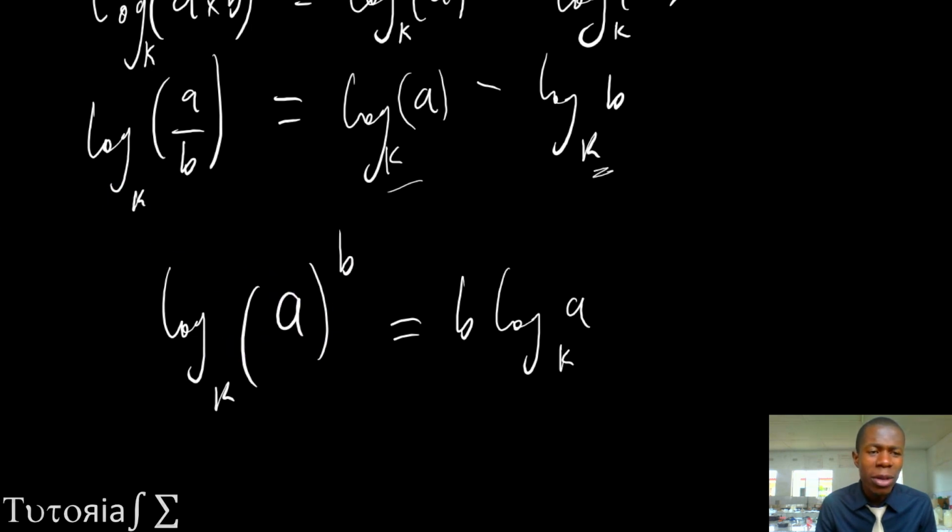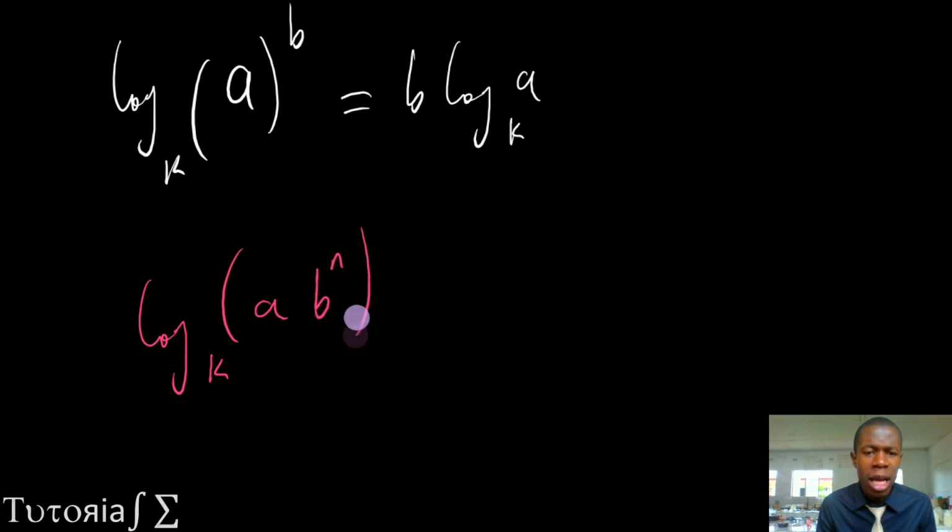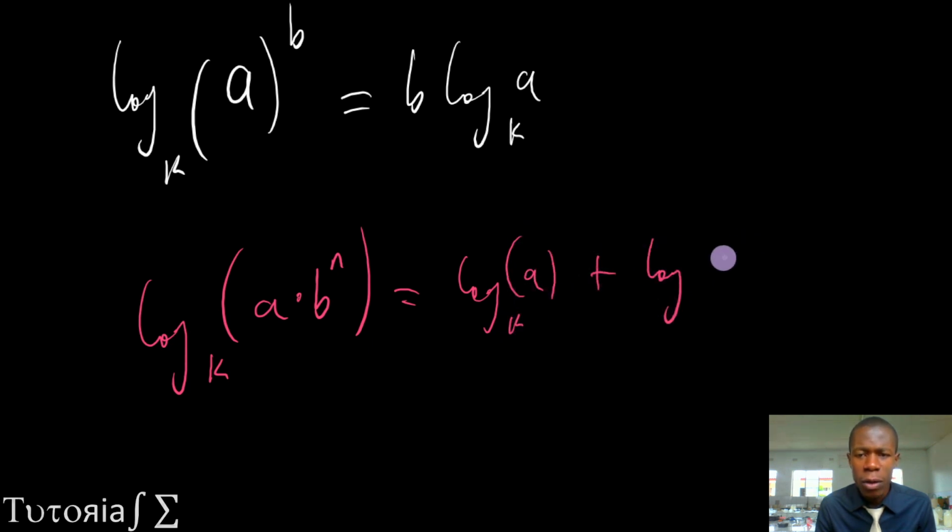Now here you have to be very careful because I would consider it a misconception. Maybe if you have log to base k, then you have a times b to the power n. In this case, since the n is not applying to both the a and the b, what you have to do is, first of all, separate this. See there, it's multiplication. So this can be written as log of a to base k plus log of b to the power n base k.